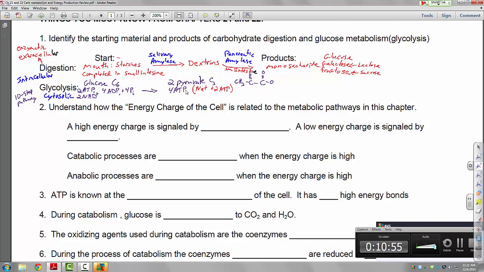And then also the 2 NAD is converted to 2 NADH. So 2 NADH. So a very quick summary of glycolysis: conversion of glucose to pyruvate, and we get a little bit of energy.